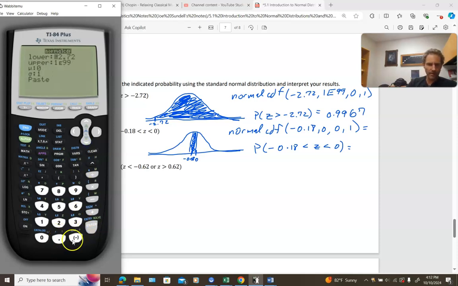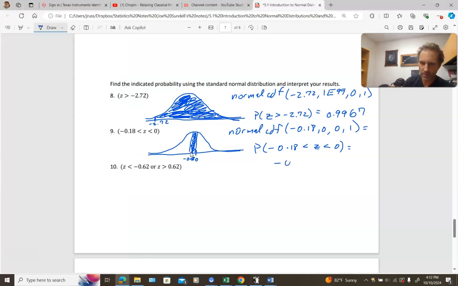Okay, so my lower bound is negative 0.18, and then my upper bound is 0, and then again my parameters are the same. Type this in. Yeah, you shouldn't expect much area here, right? Because negative 0.18, that's real close to the mean, so we're not talking about a huge swath of this curve.